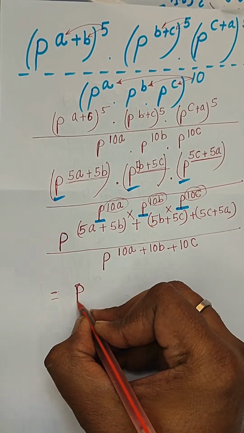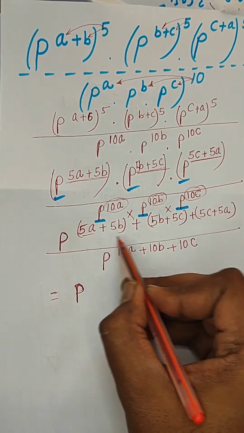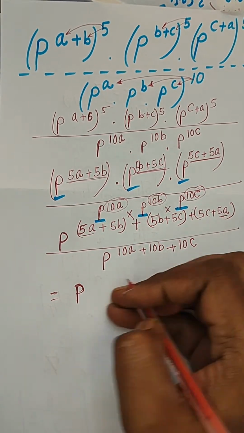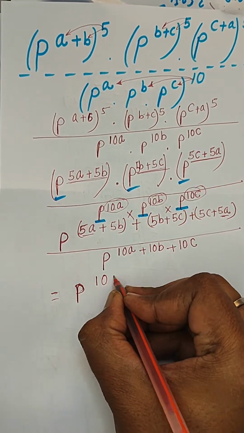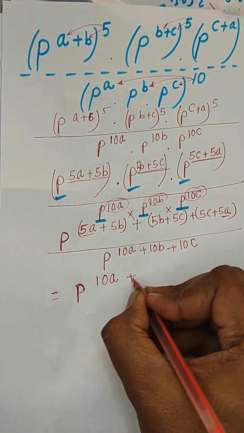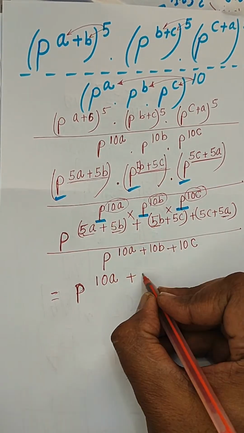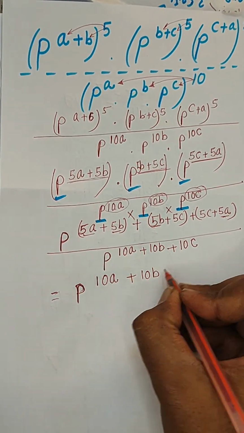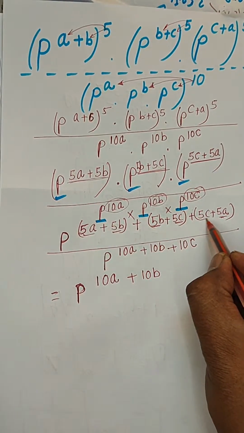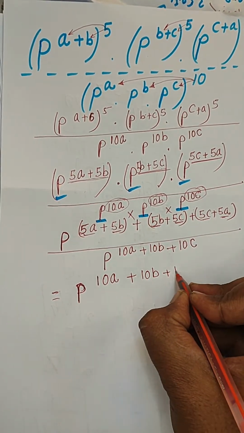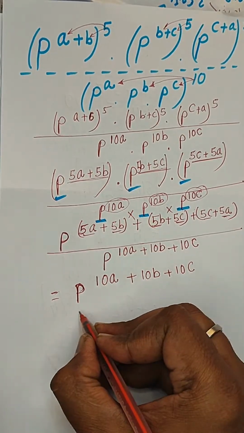So this can be written, in the next step, just add the like terms together: 5a plus 5a becomes 10a. I'm just doing it in the exponents: 5b plus 5b becomes 10b, 5c plus 5c becomes 10c, right?